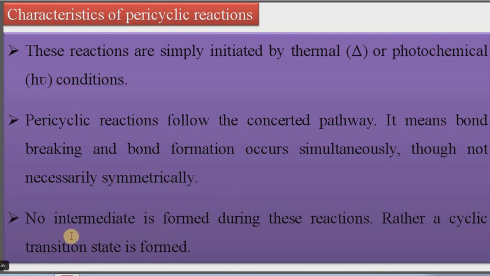Now, no intermediate is formed during these reactions. Rather, a cyclic transition state is formed. Means intermediates like carbocation, carbanion, nitrene, benzyne, or free radical are not formed during these reactions. What is formed? A cyclic transition state is formed.